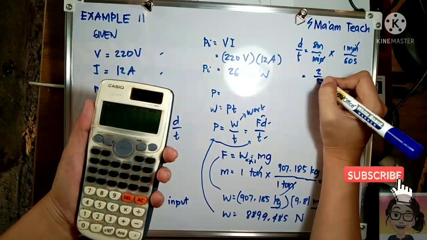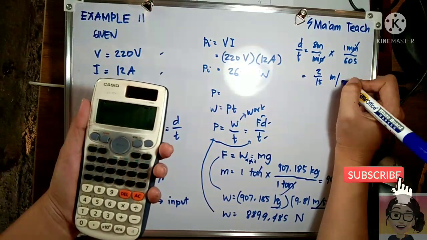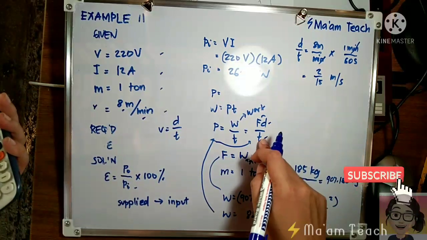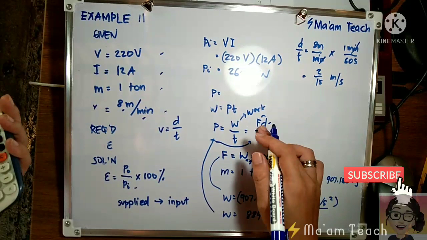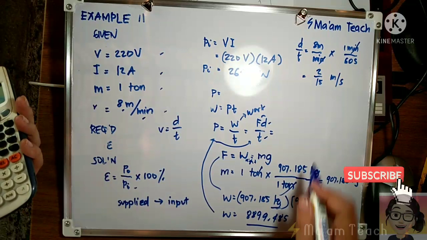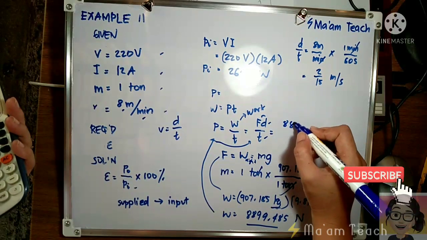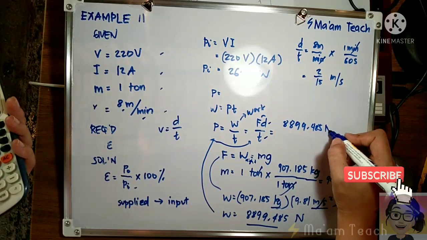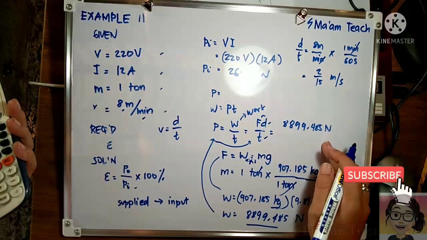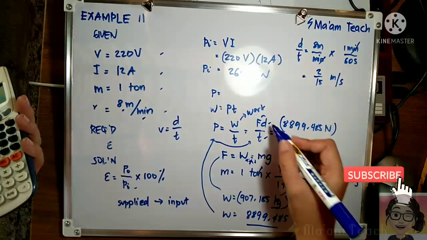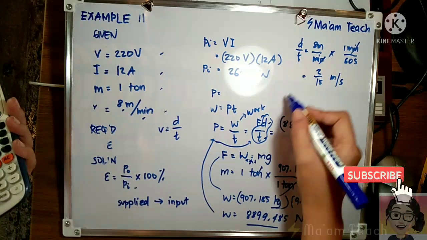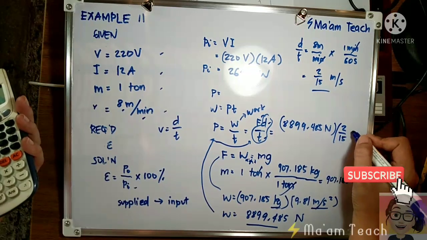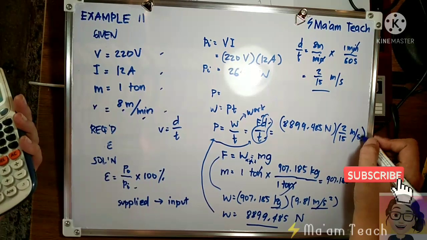So we have 2 over 15 meters per second. That is your rate. Now going back here, we will substitute our force, which is equivalent to 8899.485. Take note, the unit is Newton. Newton times this quantity d over t, which is 2 over 15 meters per second.